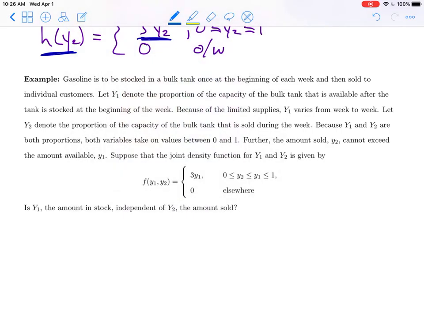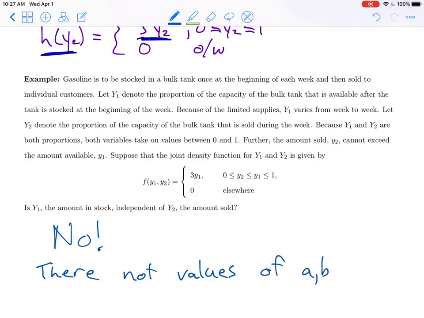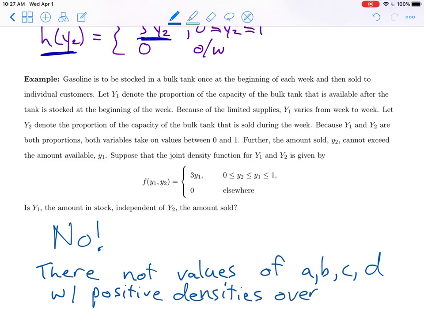This will feel like I'm hand waving a little bit, but I'm going to say no. The reason these are not independent is that when we take a look at them, there are not values of a, b, c, and d with positive densities over the region. So these do not exist with positive densities over the region.